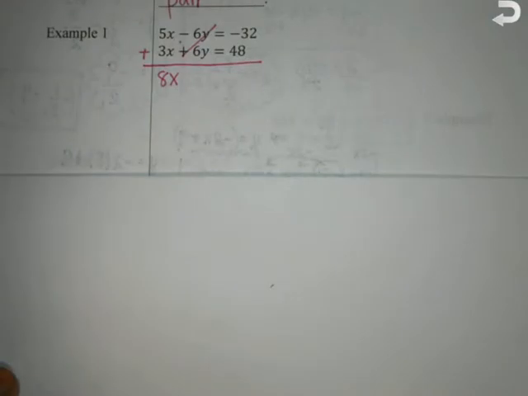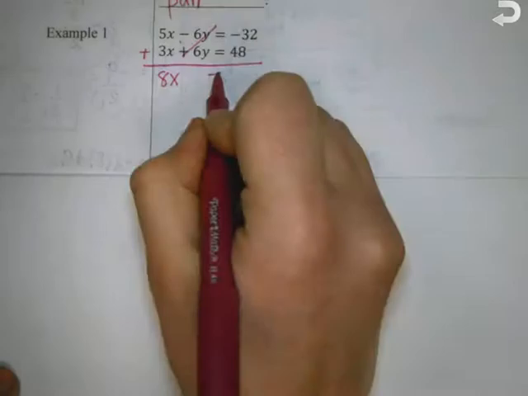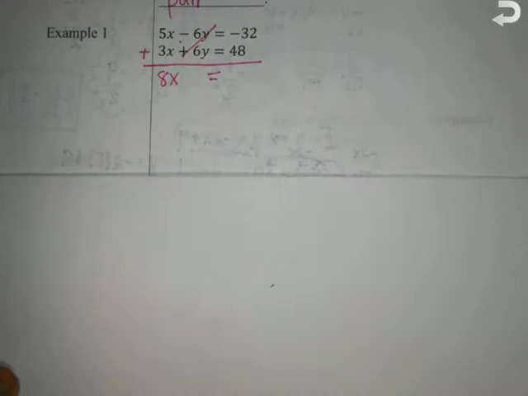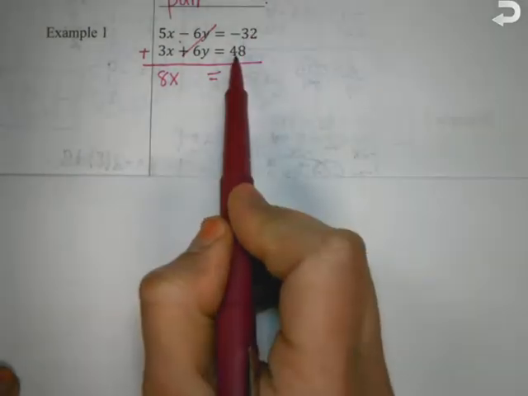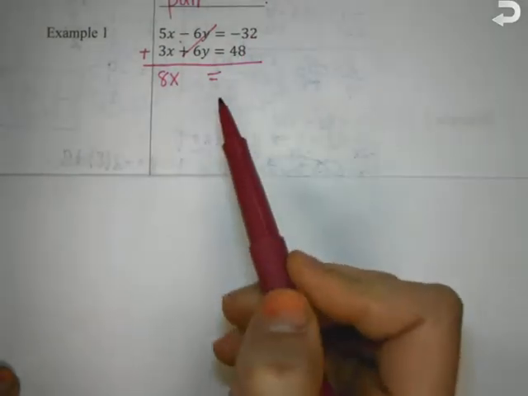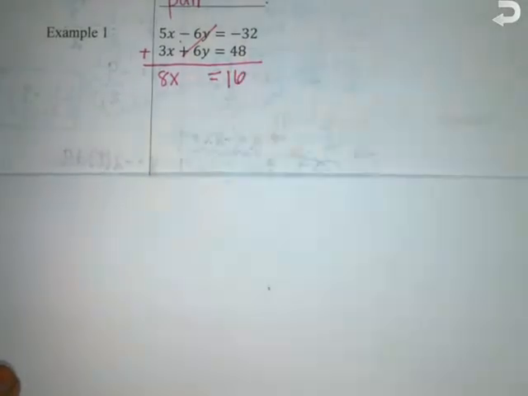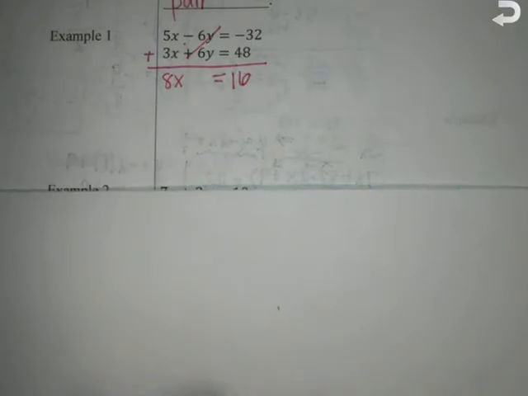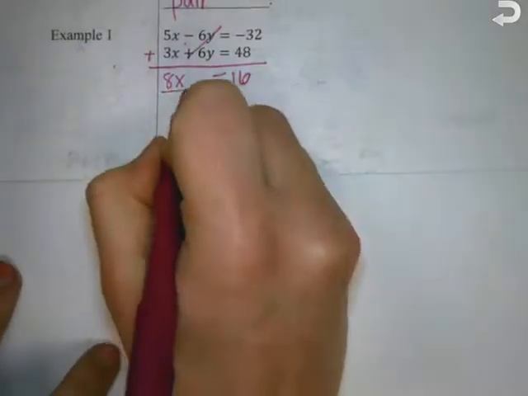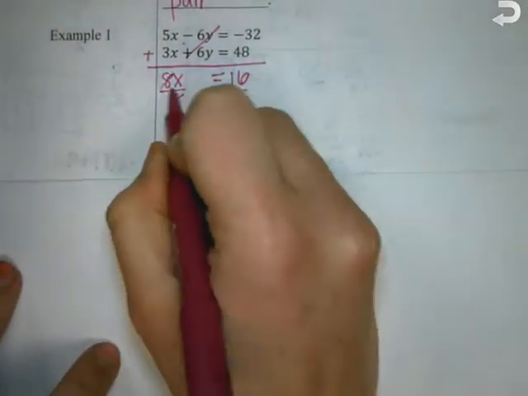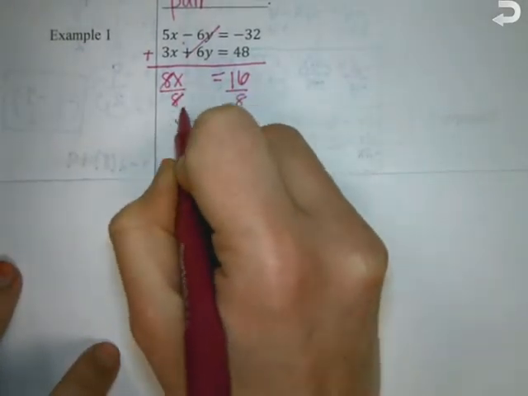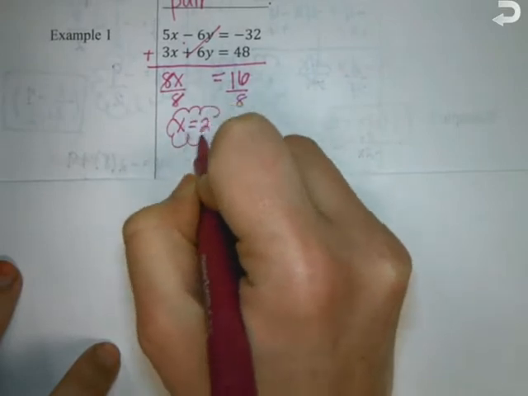Equals negative 32 plus 48. Positive 16. Okay, now this is easy to solve for, right? What do I do? Divide by 8, so x equals 2. Put a bubble around it because we are not done yet. That was step 3.